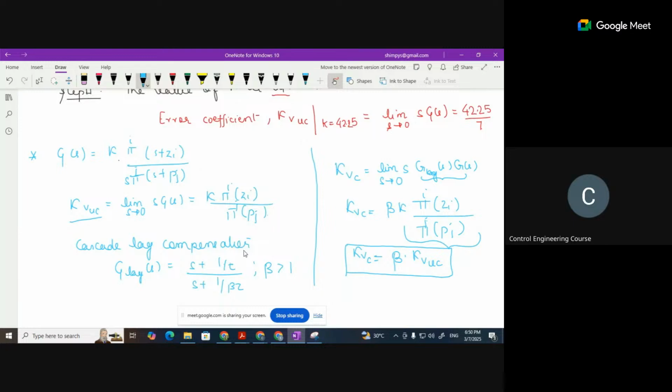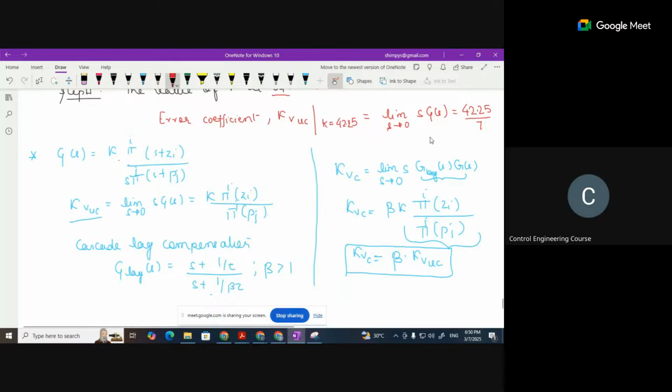And where has this beta come into the picture? This beta is obtained by connecting a lag compensator in cascade, which has a transfer function of the form s plus 1 by tau over s plus 1 by beta tau, right? Yes, ma'am. So next, let us see what value we get.